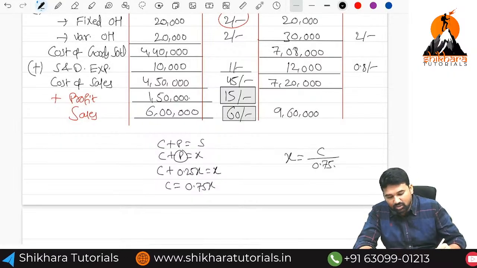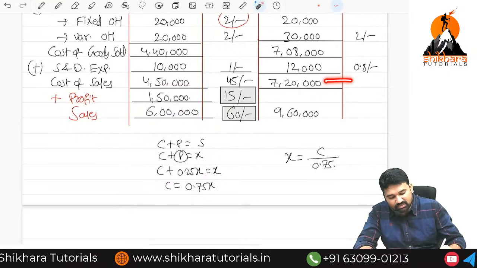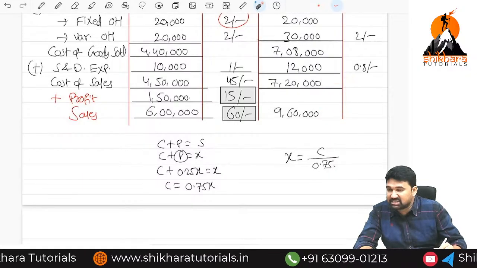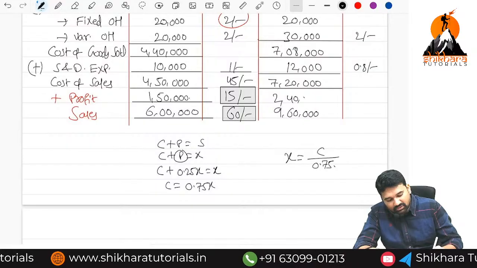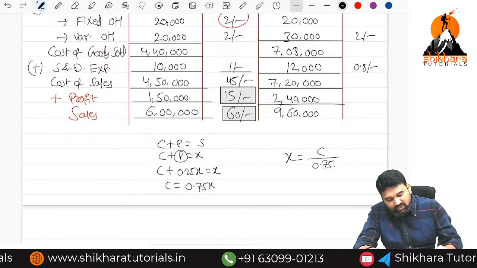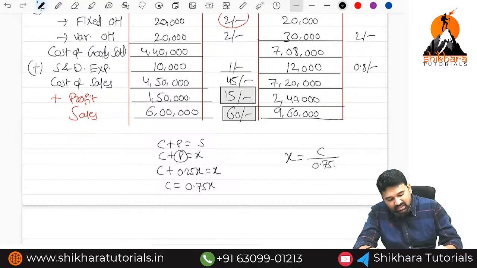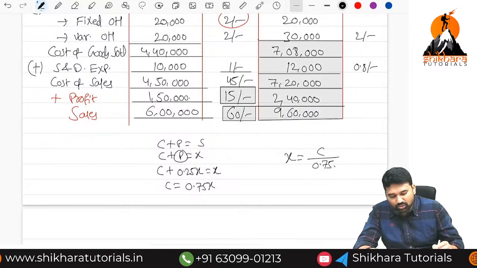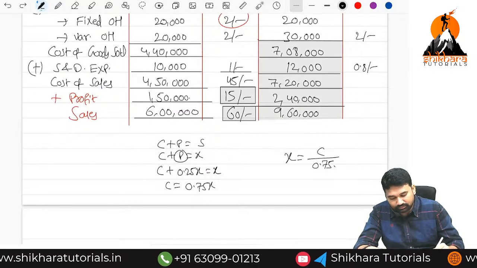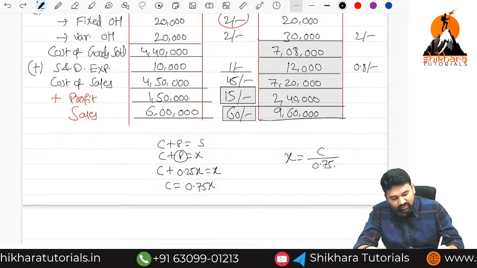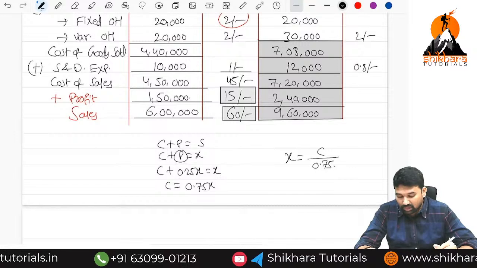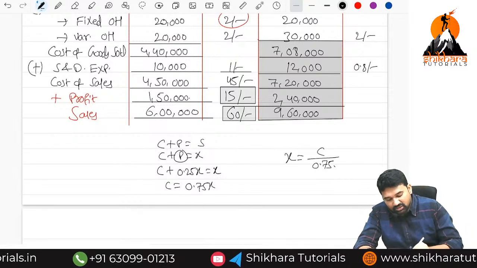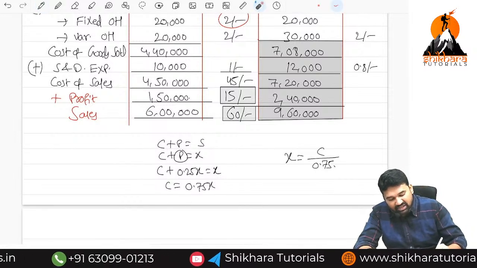9,60,000. And now, what is the difference between 7,20,000 and 9,60,000? 2,40,000. This is the profit. For 15,000 units, the profit is 2,40,000, right?